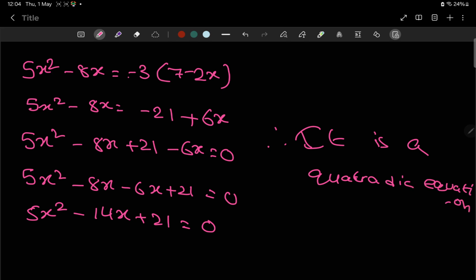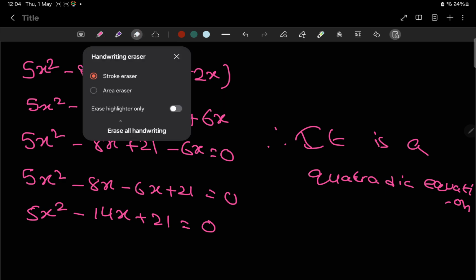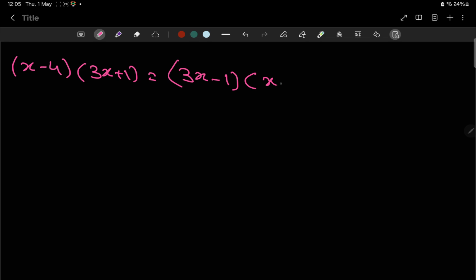Yeah. So let's see another example. They gave x minus 4 into 3x plus 1 is equal to 3x minus 1 into x plus 2. In order to find whether this is a quadratic equation or not, first let us simplify these two.